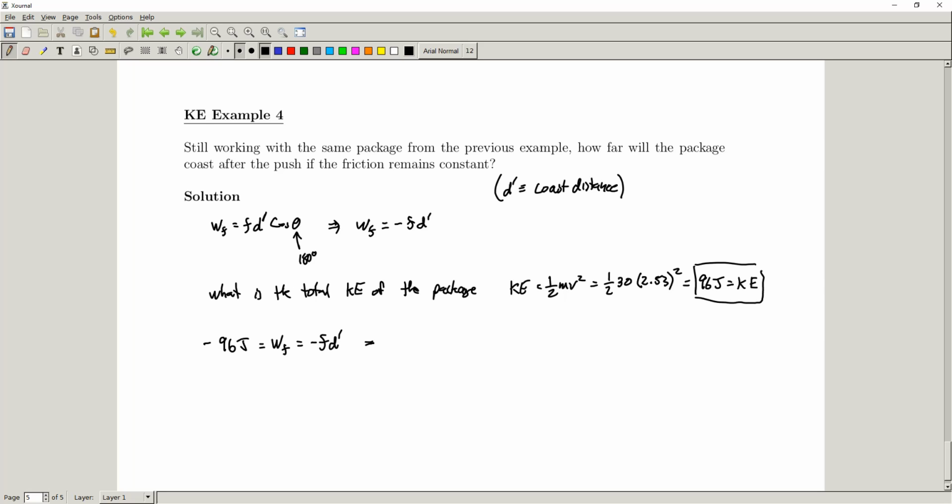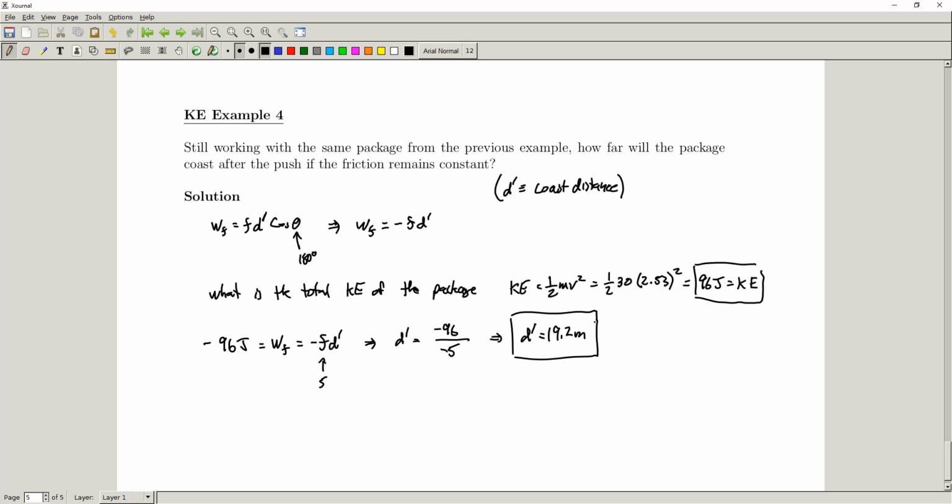And at this point, there's not a whole lot left to do. We know that the magnitude of f is just 5. And so we have d prime is equal to minus 96 over minus 5. And if we do that calculation, we're going to find that d prime equals 19.2 meters. And so what have we found here? We found the distance that this thing is going to coast. So we push this thing.